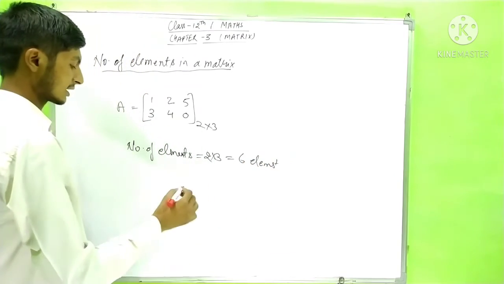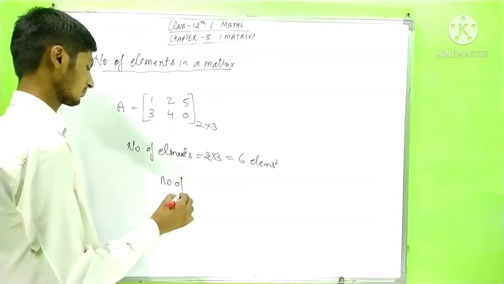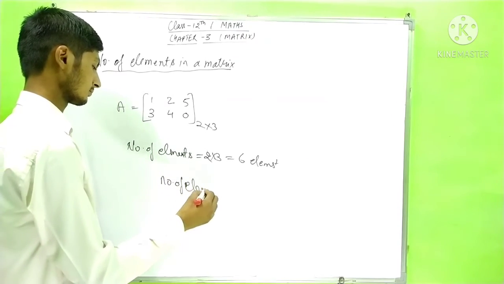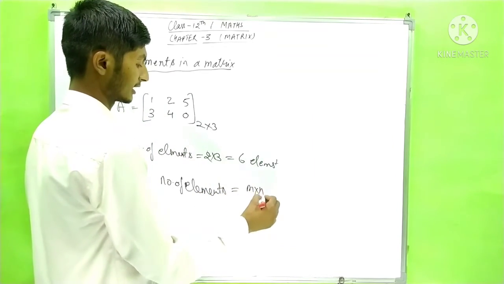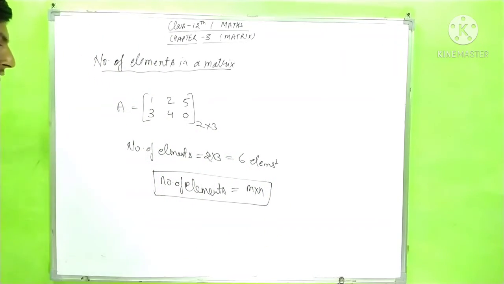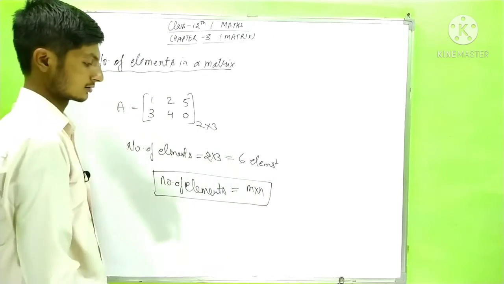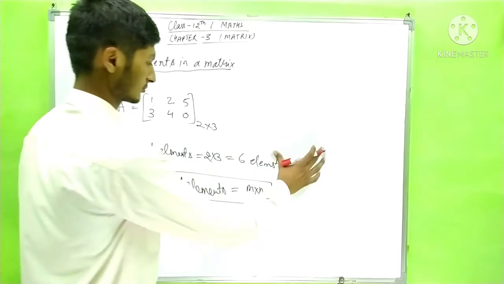So we can give the formula for the number of elements: that is m multiplied by n. This is the number of elements in the matrix.